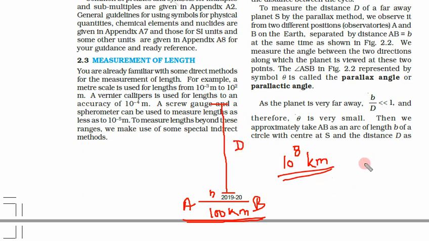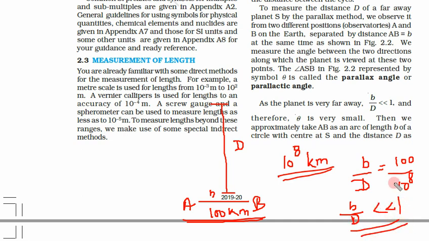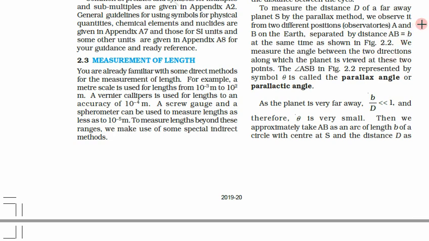So we look at b upon D, that means basis upon distance. We get 10 to the power 2, or 100, upon 10 to the power 8. So b upon D is very small in comparison to 1. Why? Because the planet or the star is very far.